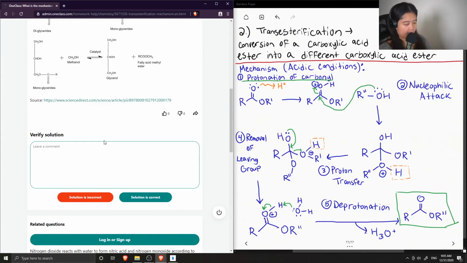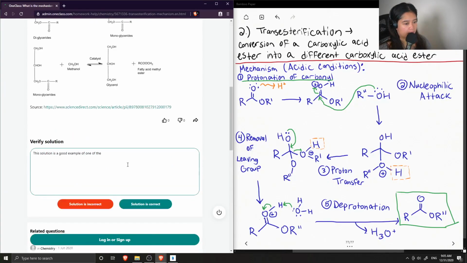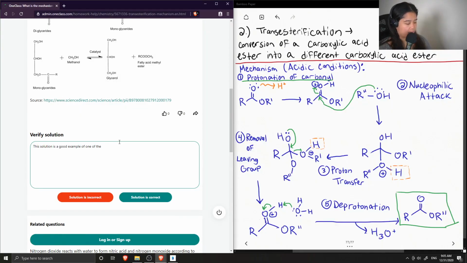Okay, so I'm just going to say that this solution is a good example of one of the applications for the transesterification reaction.